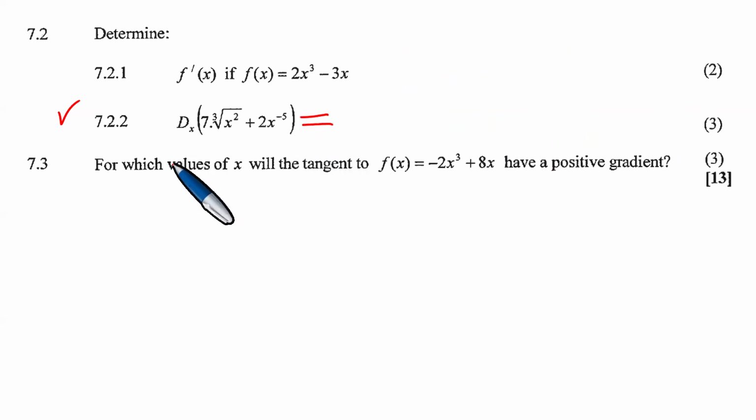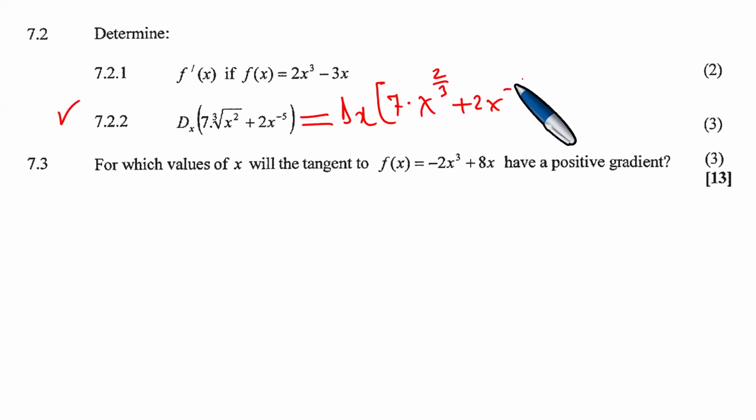Okay, so now if you have dx, find the derivative of this, using the big dx notation. First, we can do it like this. We deal with the inside, which is 7x to the 2 out of 3 plus 2x to the minus 5.